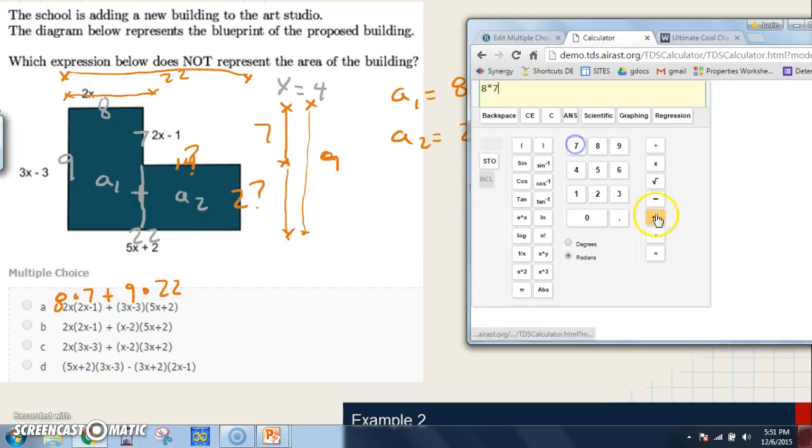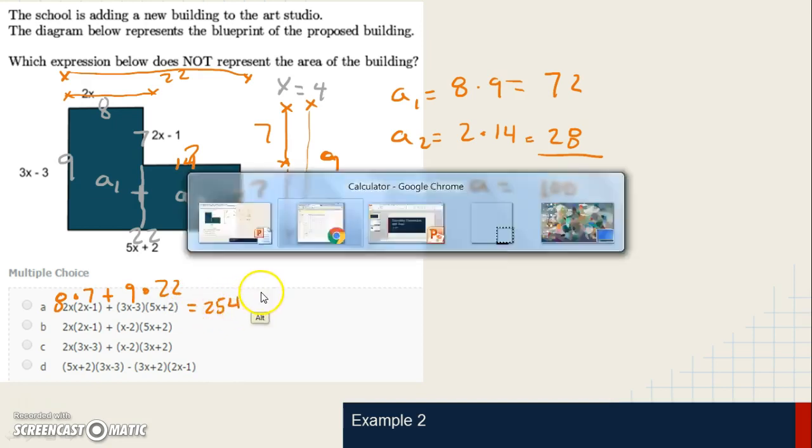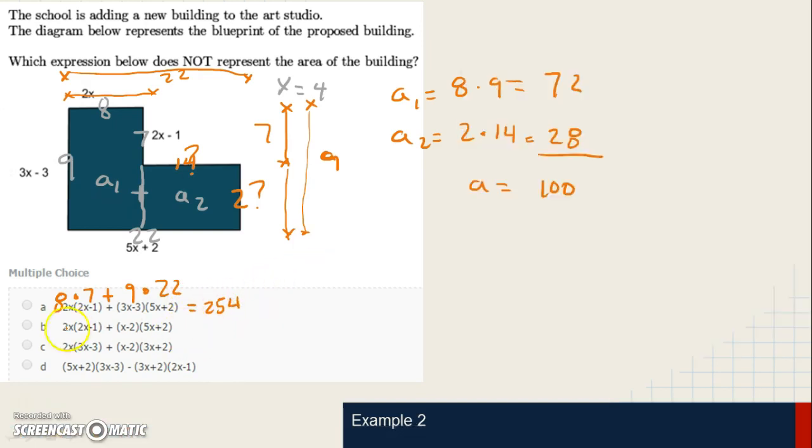8 times 7 plus 9 times 22, that's 254. Okay, same thing here. 2x, that was 8. 2x minus 1, that was 7. See, right here.